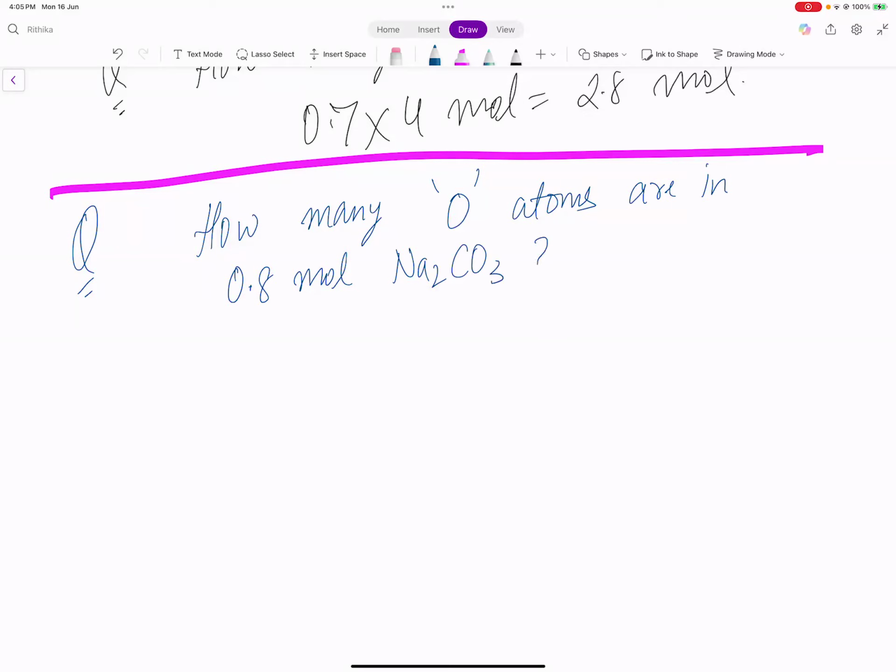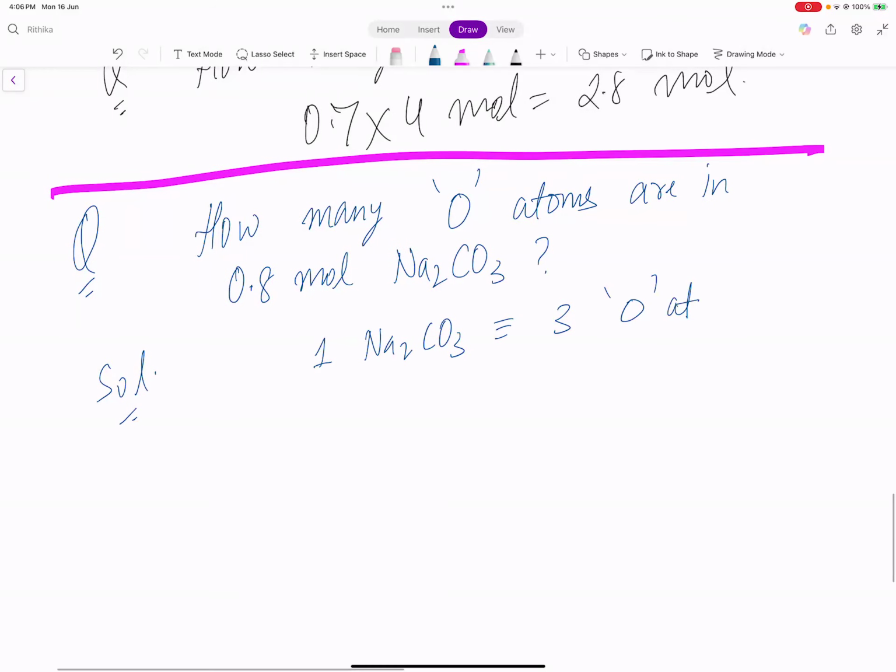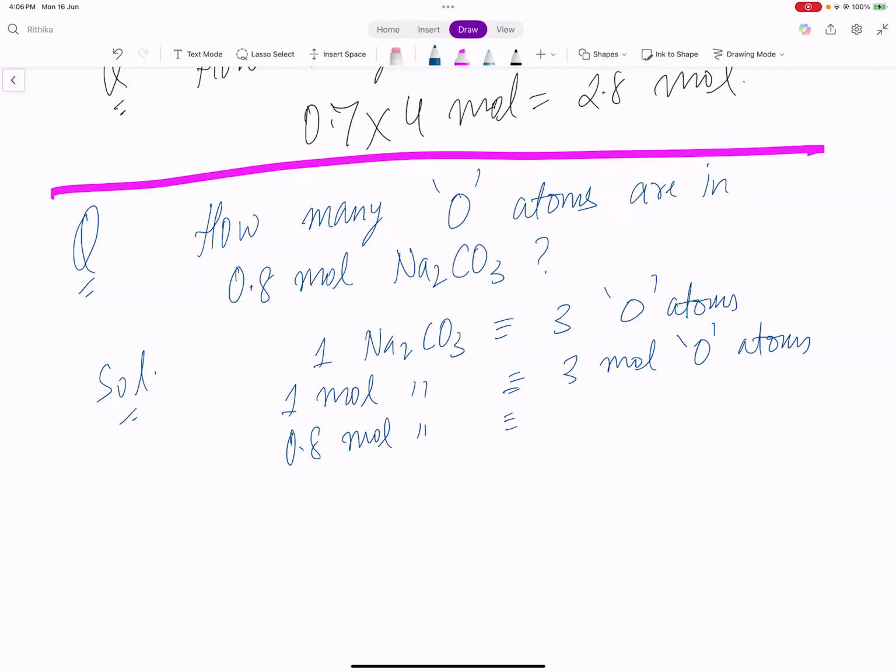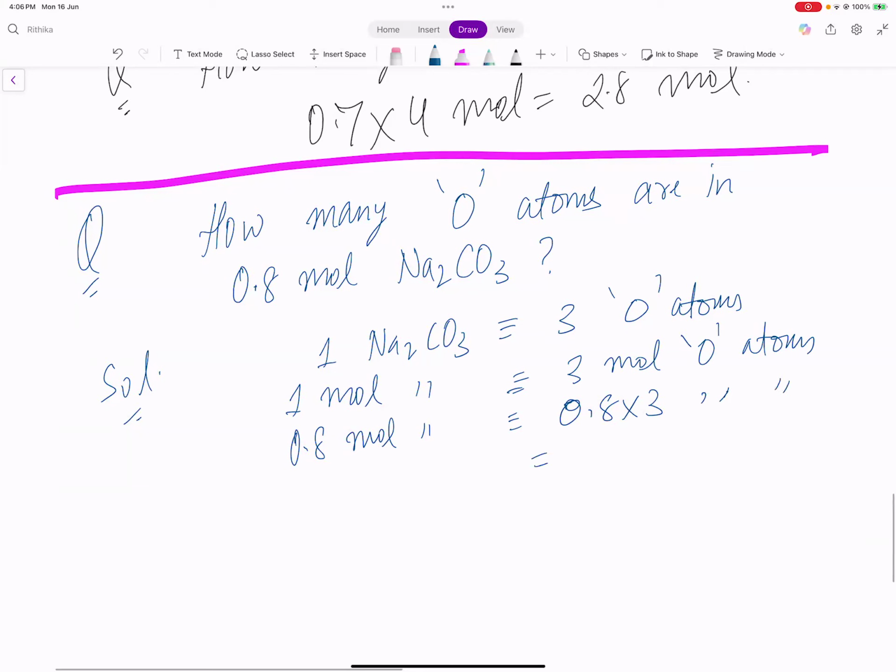First we can calculate the moles, because 1 mole of Na2CO3 has 3 mole O atoms, and 0.8 mole will have 0.8 into 3. So this is 2.4 mole.